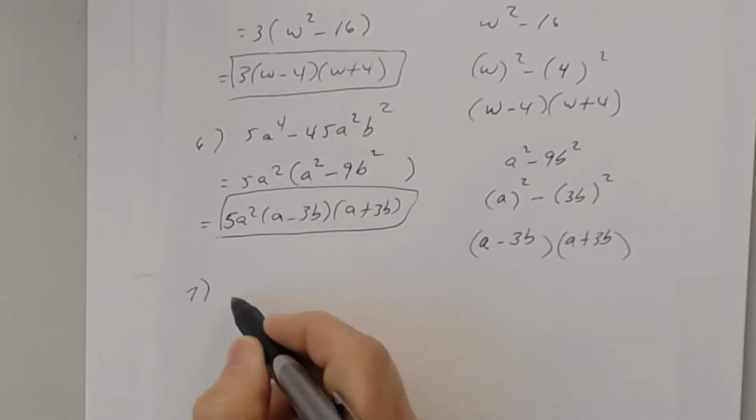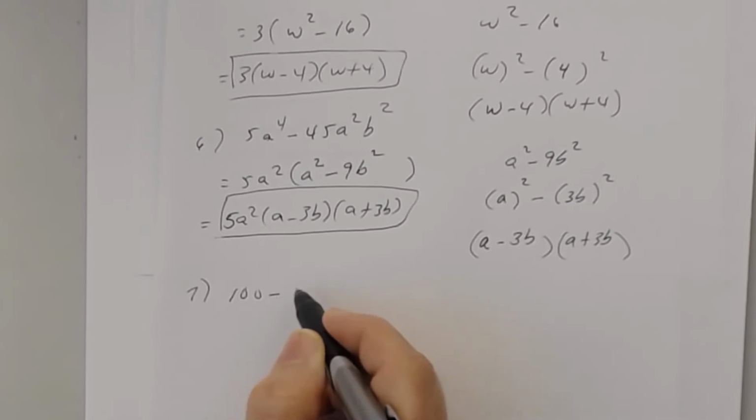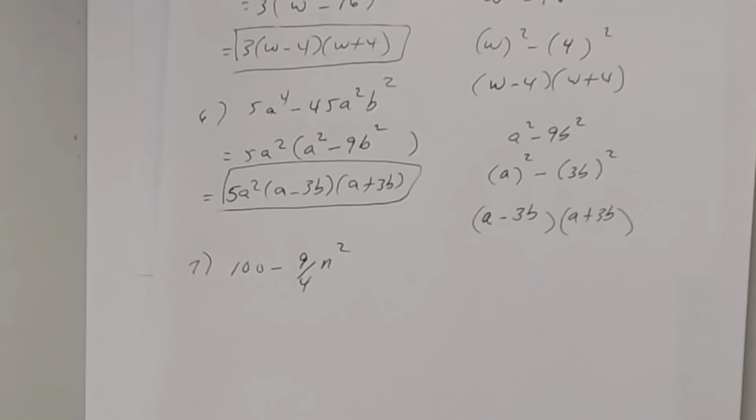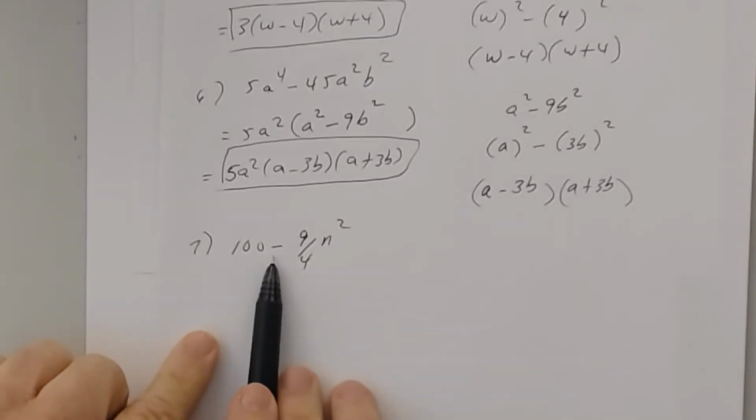Number 7, what if you had 100 minus 9/4 n squared? Now don't let the fraction throw you off. How many terms do you see? Two. There's a subtraction sign in the middle, right?